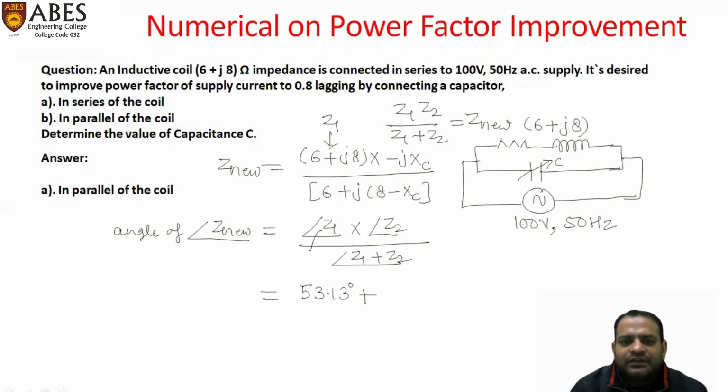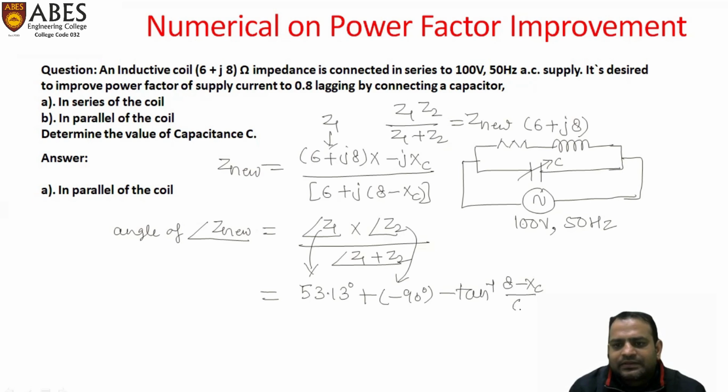So the angle of Z1 is 53.13 degrees, the angle of Z2 is minus 90 degrees, because it is minus jXC, and when we divide by 6 plus j(8 minus XC), the angle is minus tan inverse of imaginary upon real, which is (8 minus XC) upon 6.